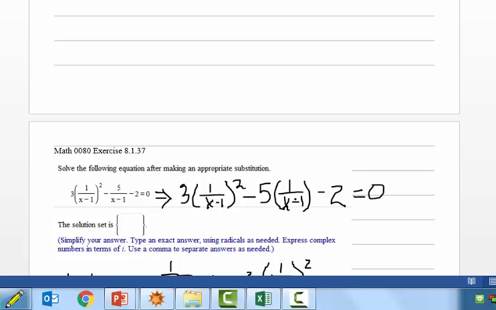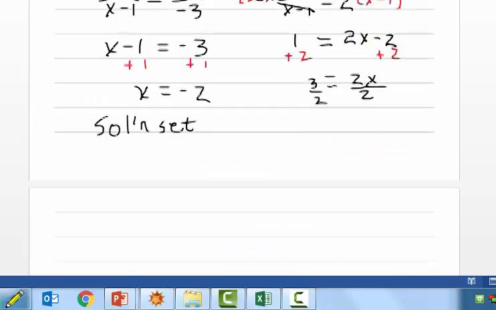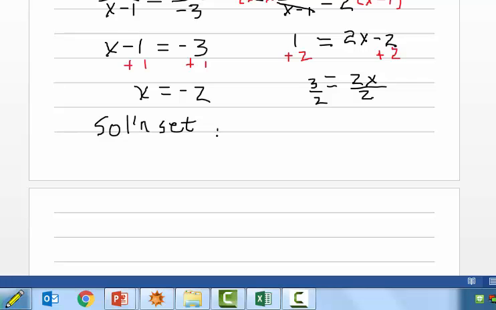So I basically get a restriction list here, and that is that x can't be 1. 1 wasn't one of my proposed solutions, so both of these solutions are in the solution set since neither one of them is 1. So x is -2 or x is 3/2. And that is my final result.